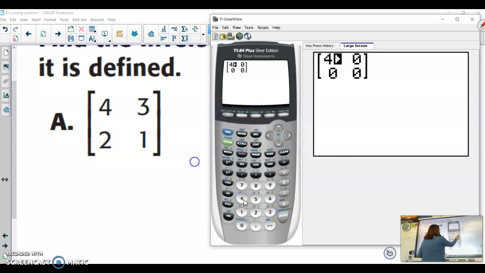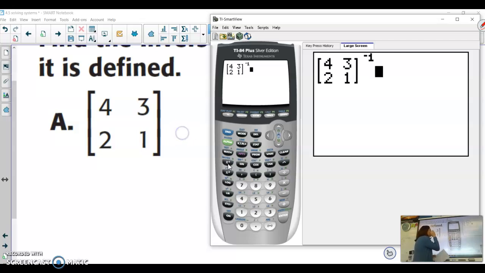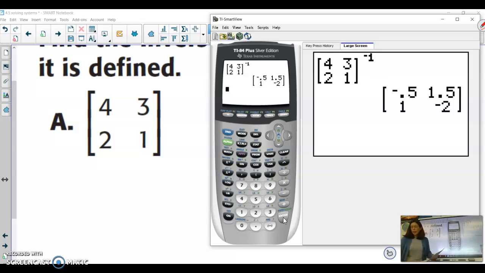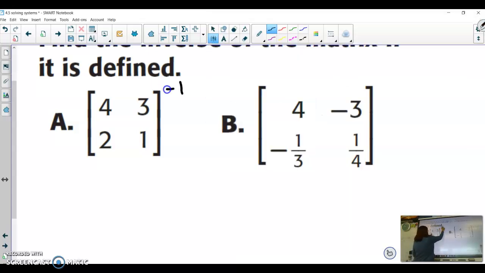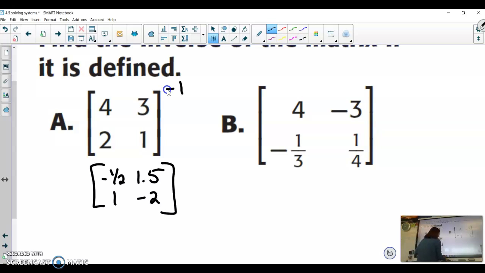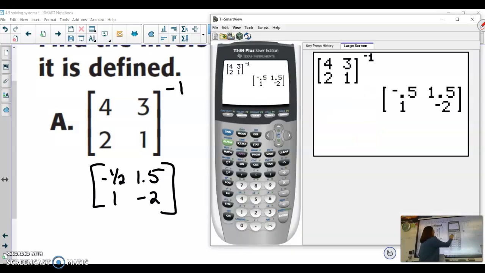And I'm going to put in 4, 3, 2, and then 1. And the way you get the inverse is you hit the little x to the -1 key. That key tells the calculator that you are looking for the inverse. So you go ahead and hit that, and then there is your answer. So again, you use the little -1 key, and the answer is -1/2, 1.5, 1, and -2. Okay, so now I'm going to try this next one.